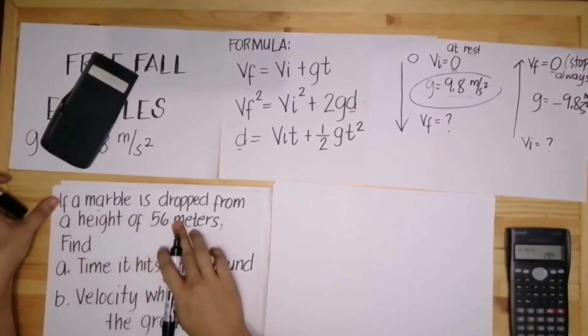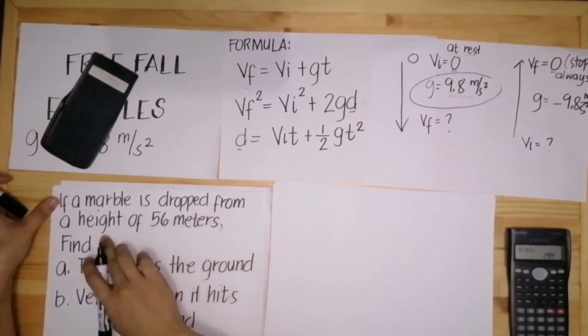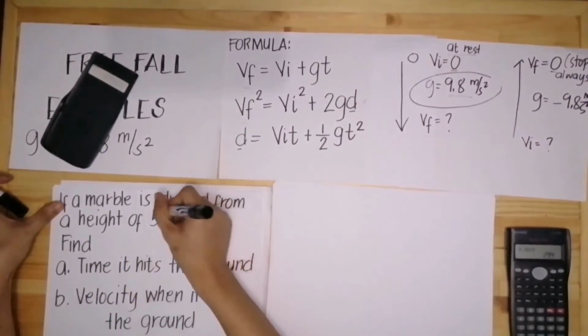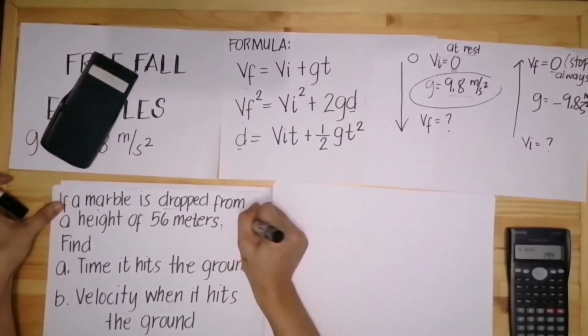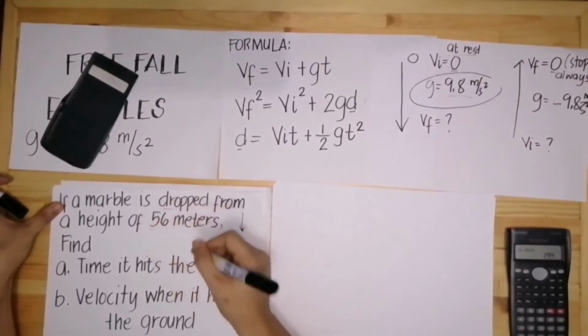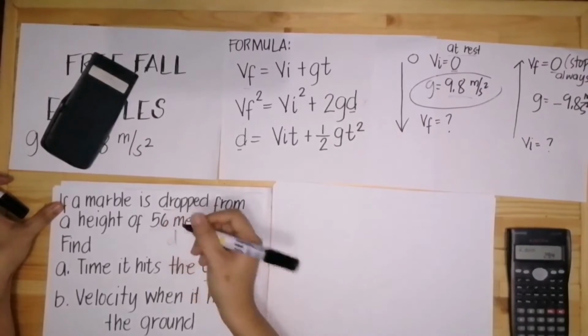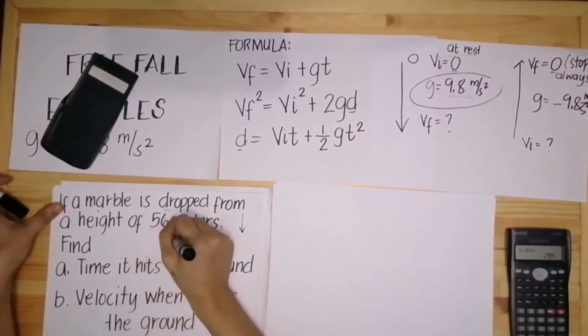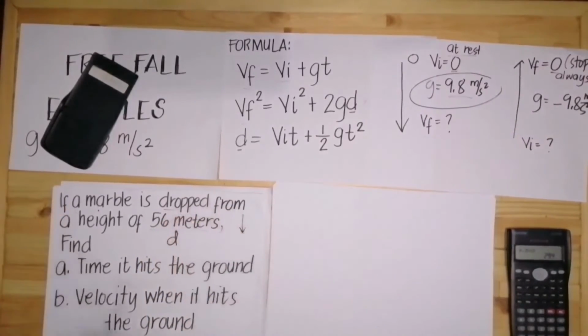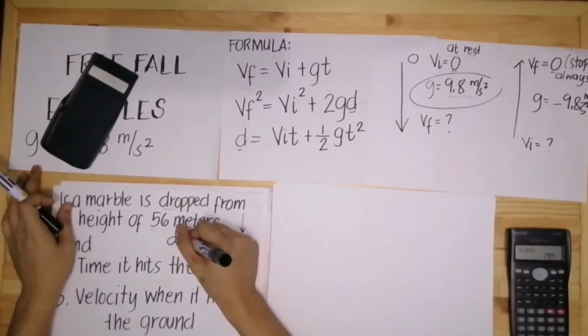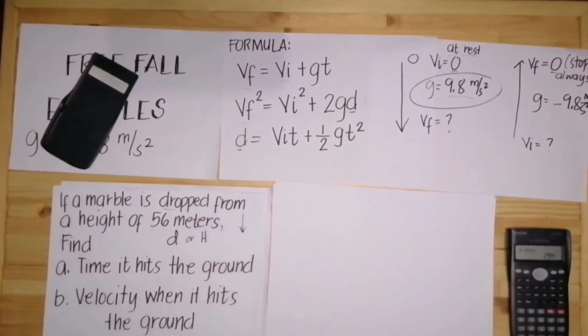If a marble is dropped from a height of 56 meters, so drop na naman yan, the direction is downward. 56 meters is the given distance or displacement. The height yan, denoted as letter D.